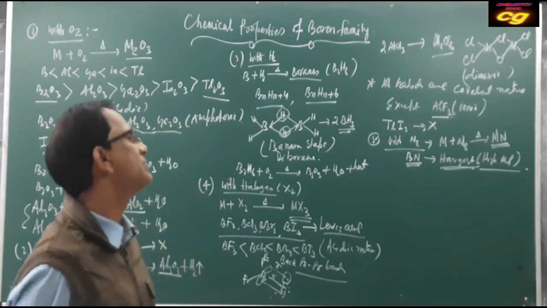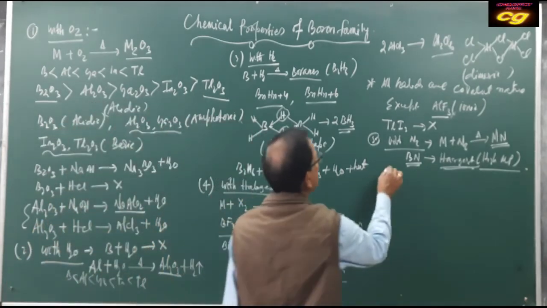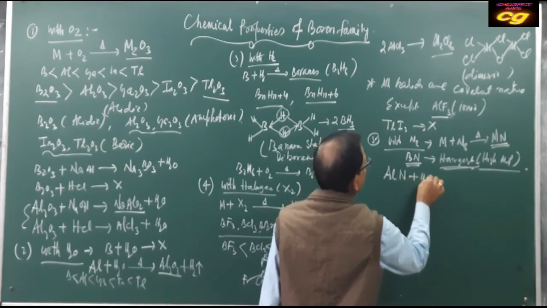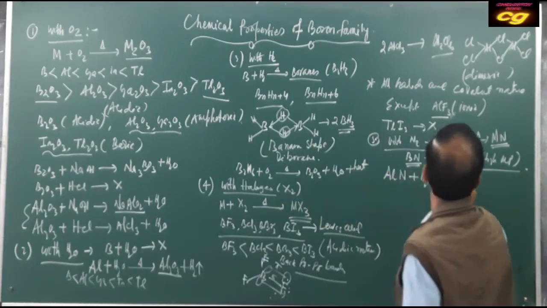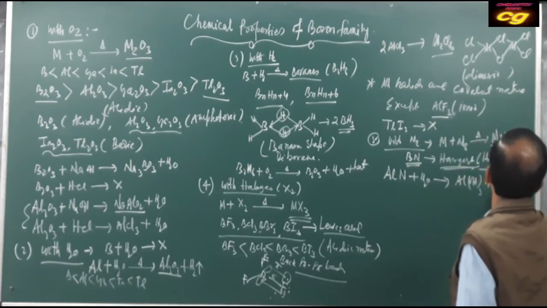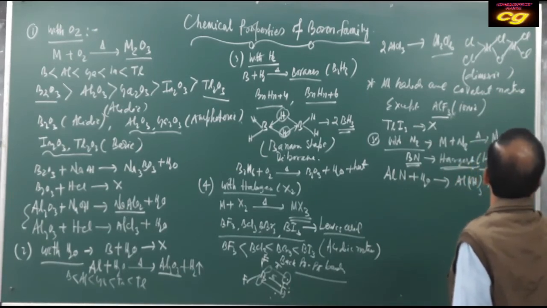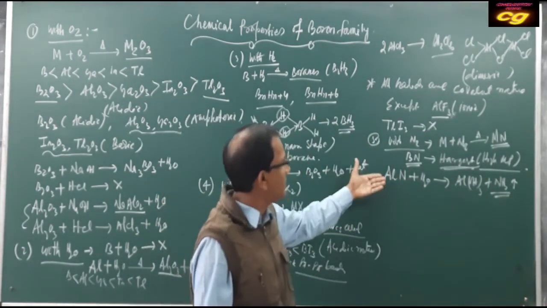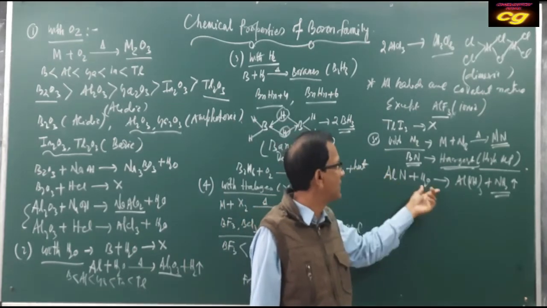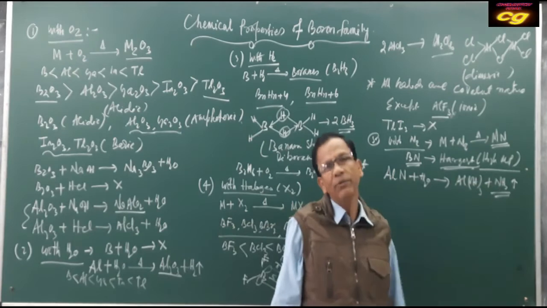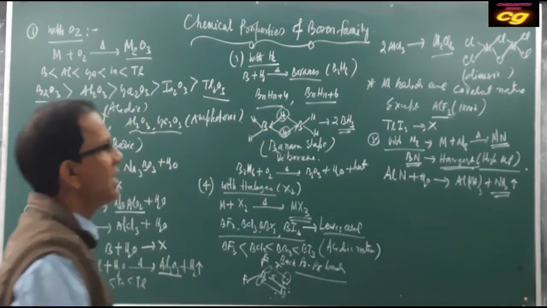And these nitrides, for example aluminum nitride, when reacted with water, form ammonia gas. This is very important. All nitrides of this boron family, when reacted with water, release ammonia gas.